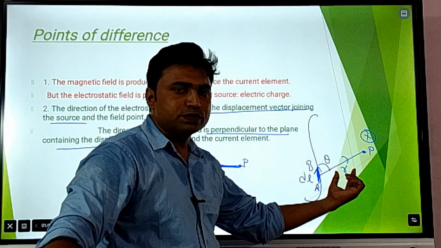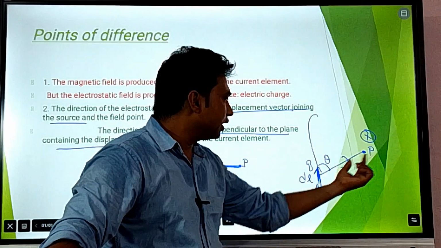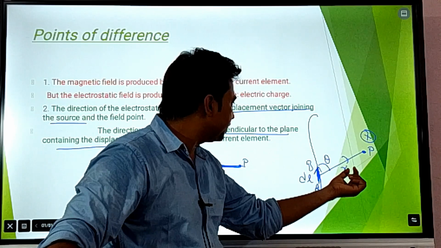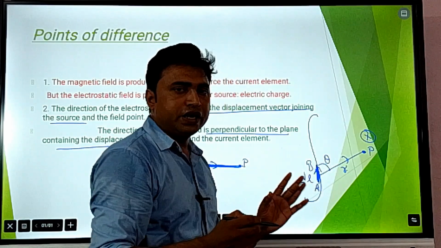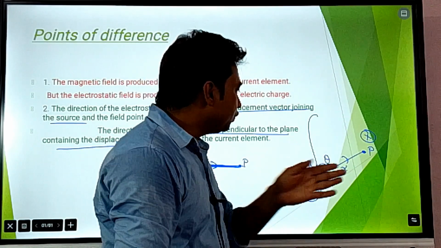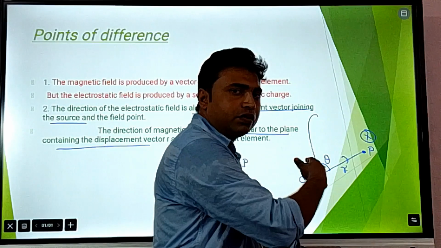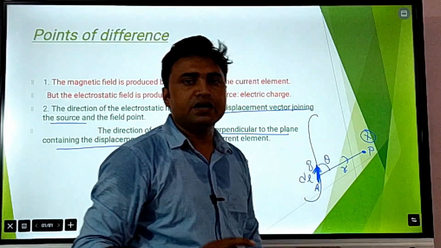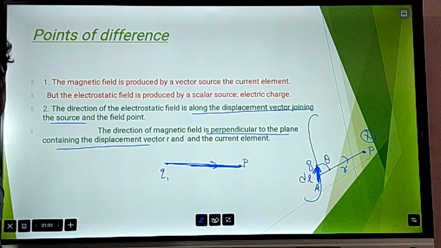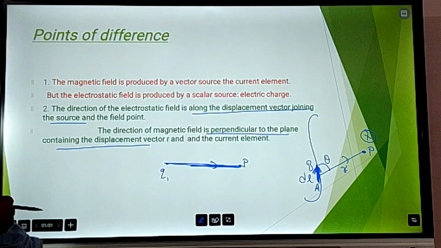This r is known as the displacement vector, dl to P, and this is our current element. It is always perpendicular, meaning either outward or into the board, depending upon the direction of the current here. So these are some of the points of difference.